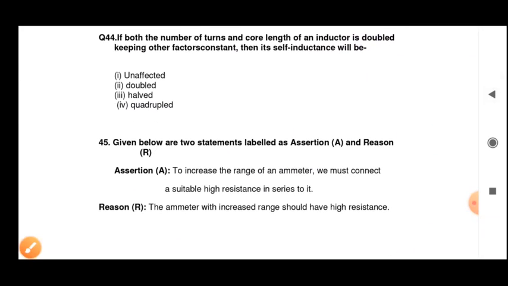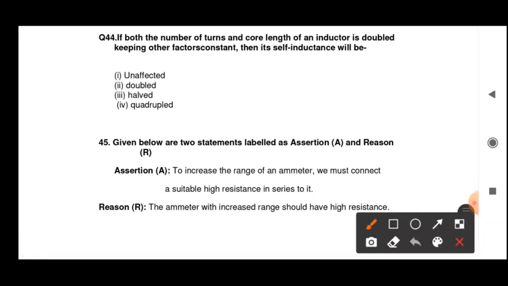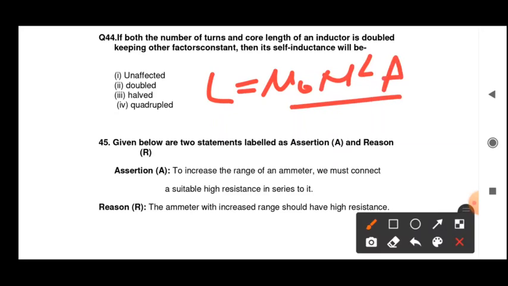Next question, if both the number of turns and the core length of an inductor are doubled, keeping the other factors constant, then self inductance will be what? So here in this question, as you know, the self inductance is given by mu 0 n square A upon L. So from here you can see now what will be the L dash if we double both the number of turns and the length of the core.